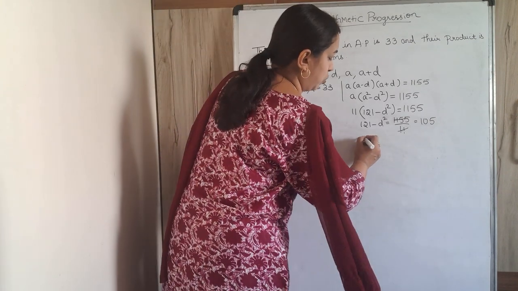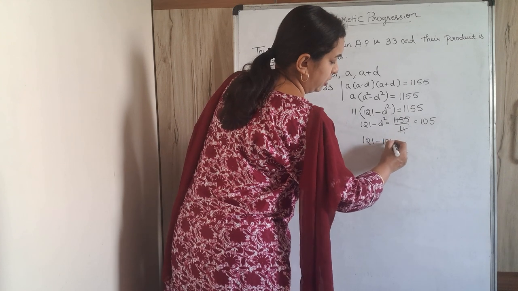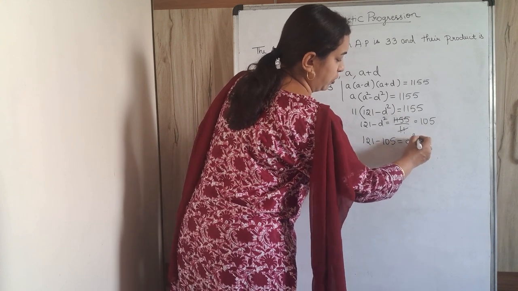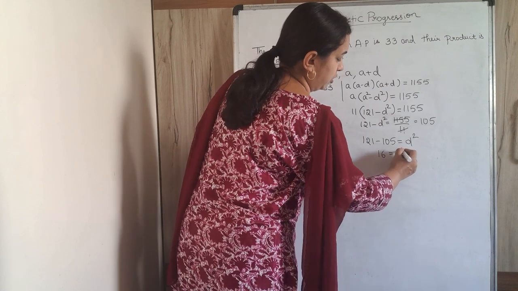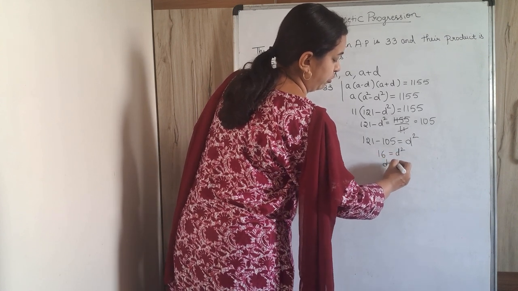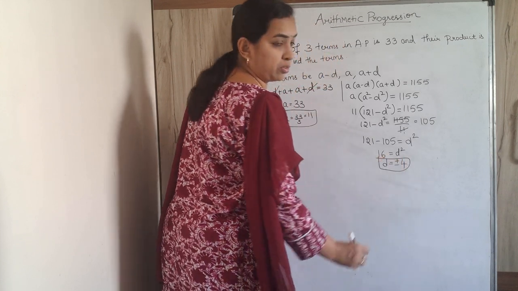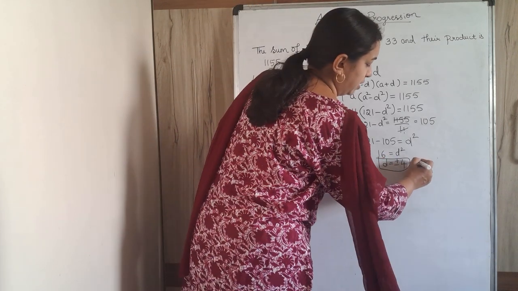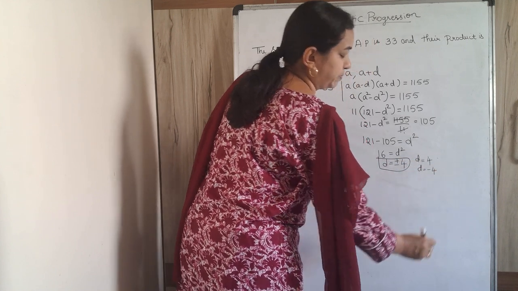So 121 minus 105 is equal to D square. So which will be 16 is equal to D square. So your D value will be plus or minus 4. So D is equal to plus 4 and D is equal to minus 4.